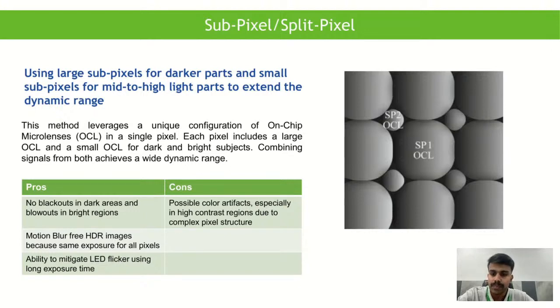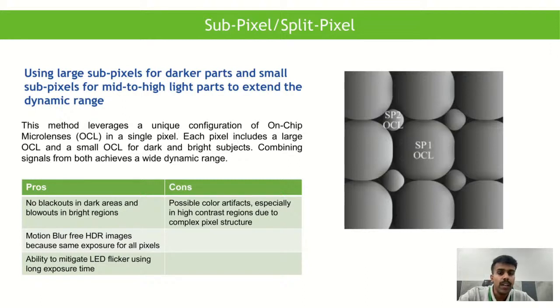Another advantage here is that this method can also support HCG as well as LCG, which was mentioned in clear HDR. So with a combination of both these methods, it is possible to provide motion-free HDR images, and LED flicker mitigation can also be done here.